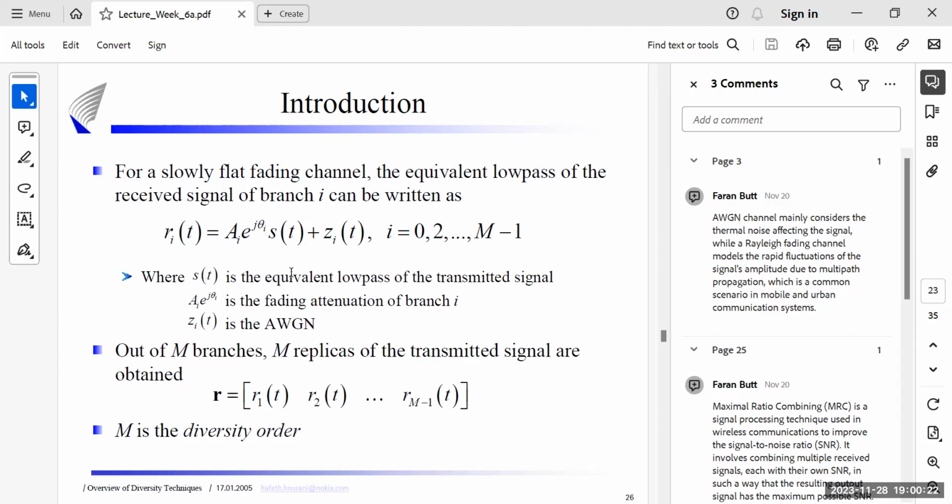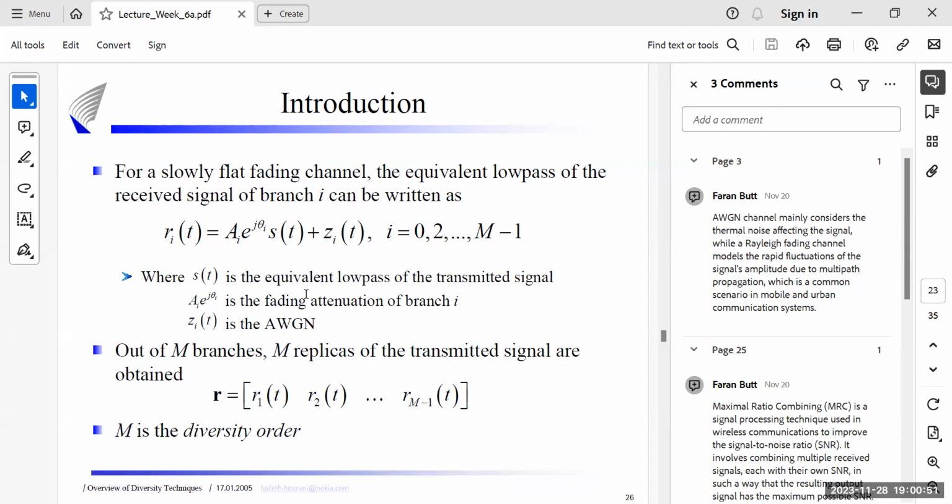So here s(t) is the equivalent low pass of the transmitted signal. That was the signal that was transmitted, and we want to get this signal, yes. But this is getting multiplied with a_i e^(jθ_i), that is the fading attenuation relevant to this ith branch. So the signal that was transmitted is getting mixed with the fading attenuation relevant to whatever ith branch it is.